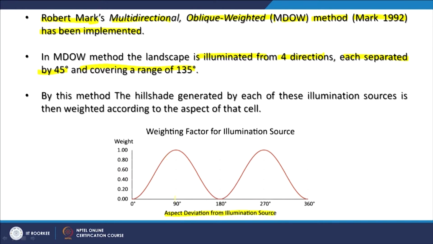If they are at 90 degrees, then maximum weight; if it is 180 degrees, this is minimum weight, keeping in mind that the illumination is coming from one particular direction. If there are 4 directions, we will illuminate from all directions, so this would be one direction and that would be another. 0 and 360 degrees in a whole circle are the same. So by this method, the hillshade generated by each of these illumination sources is then weighted according to the aspect of that cell. So Brassel's method and Mark's method, this is the major difference between them.